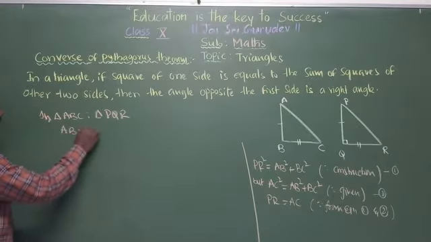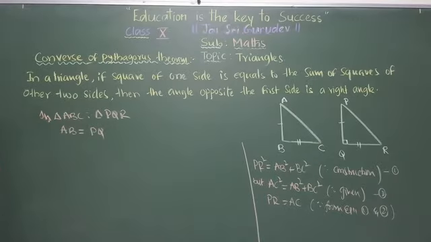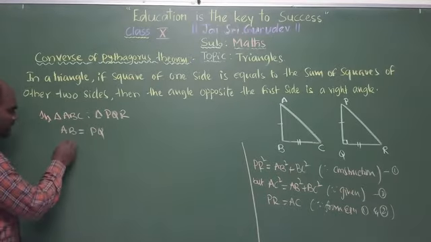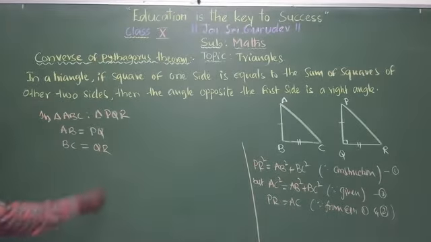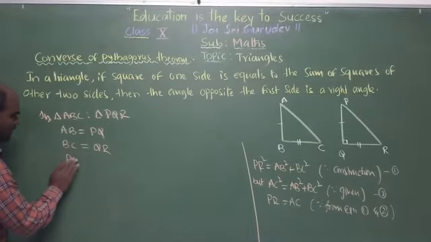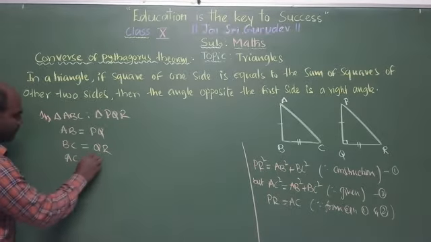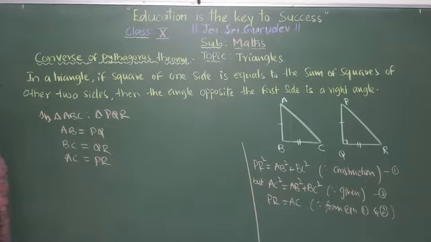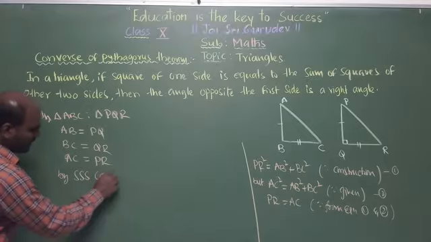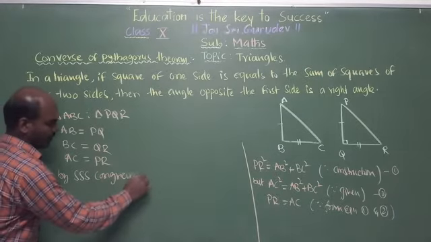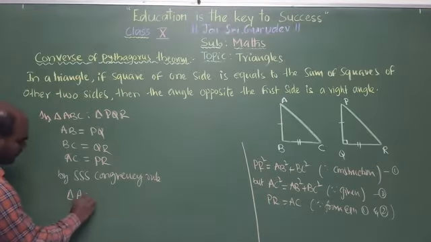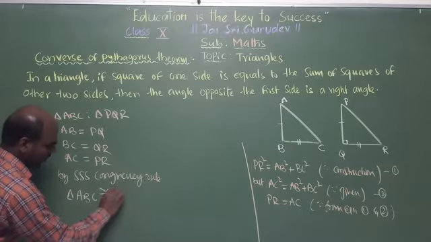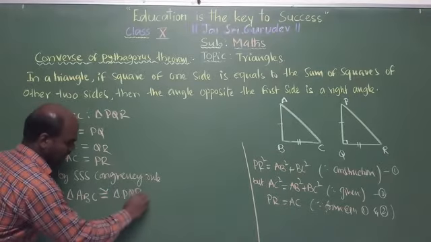AB is equal to PQ by construction, as well as BC is equal to QR, and PR is equal to AC. So by the triple congruency rule, triangle ABC is congruent to triangle PQR.